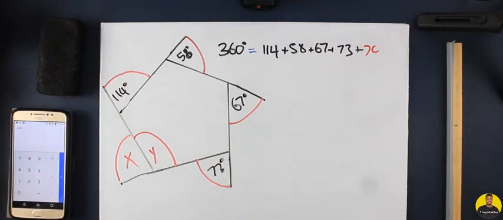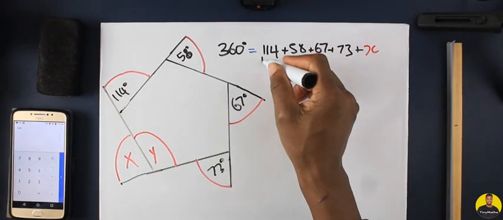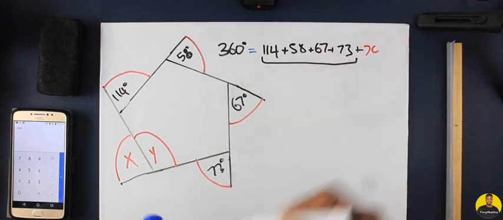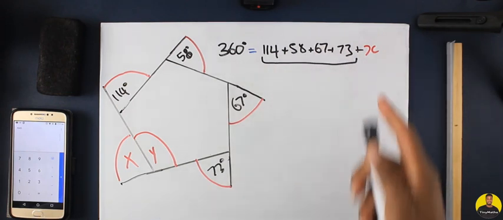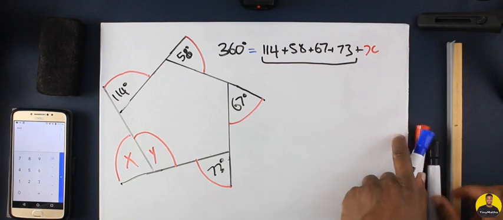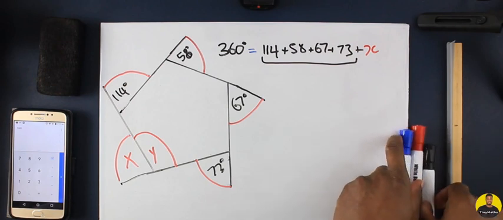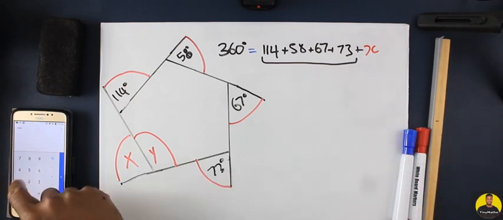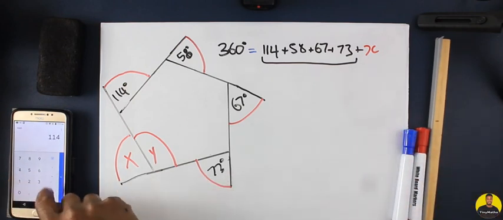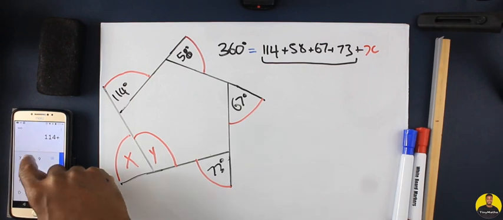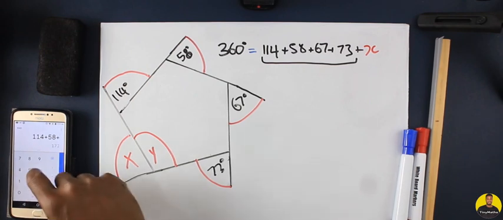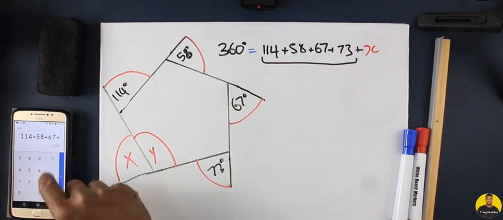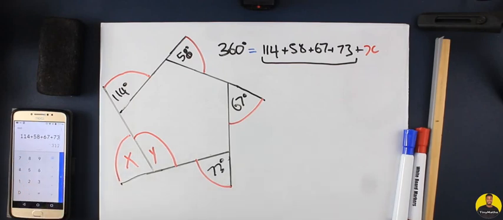How we would find this out is by subtracting this whole lot from 360. That will give us x. So let's do that. First of all, let's find out what those four angles add up to. That's 114 plus 58 plus 67 plus 73 equals 312.